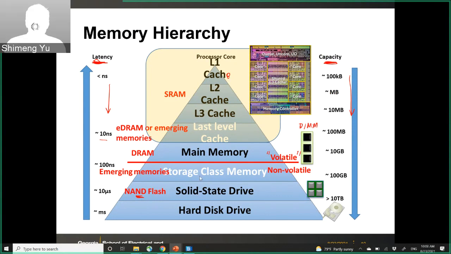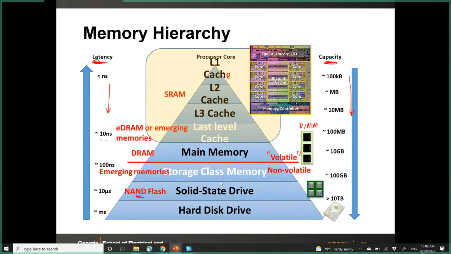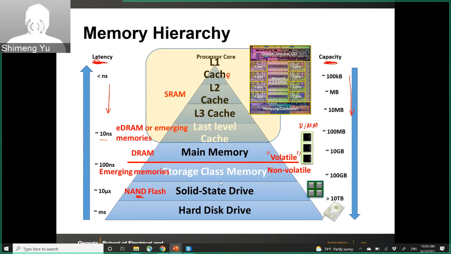Okay, one more thing here. For the level in between the SSD and the main memory, we have the so-called storage class memory. This is something that is emerging. It's not widely used in today's systems, but we're going to discuss some of the new technologies to enable this storage class memory. You may find some products, for example from Intel.